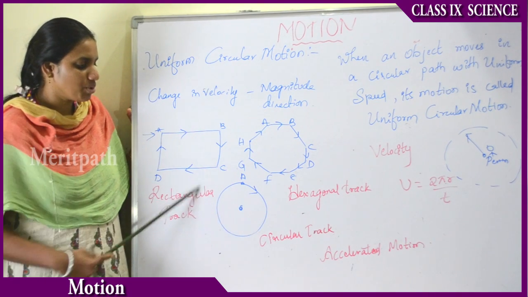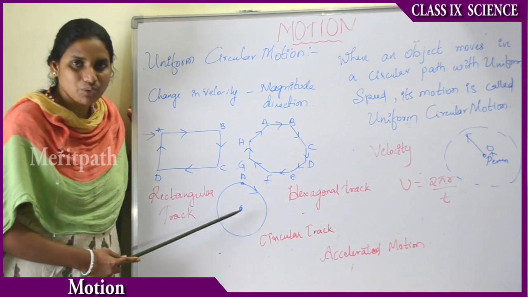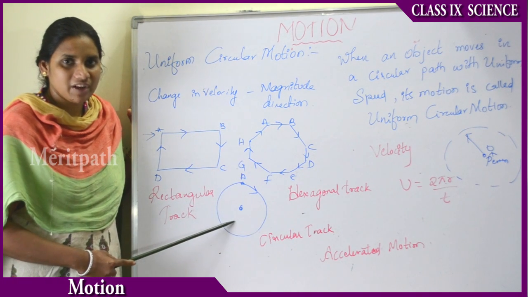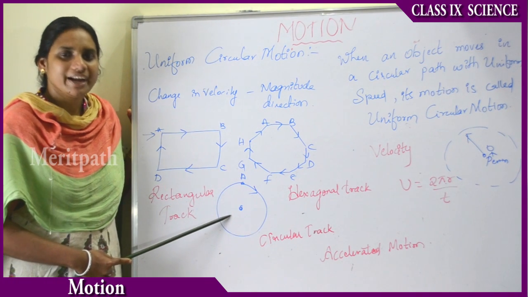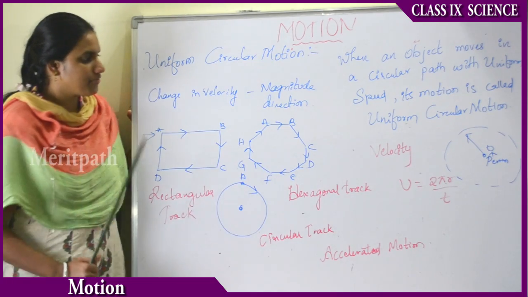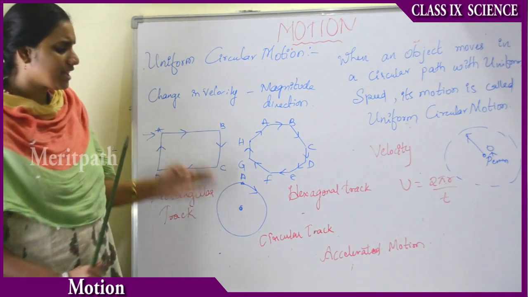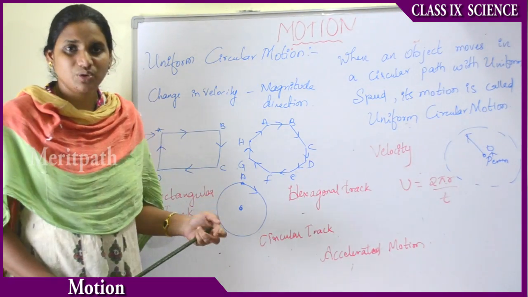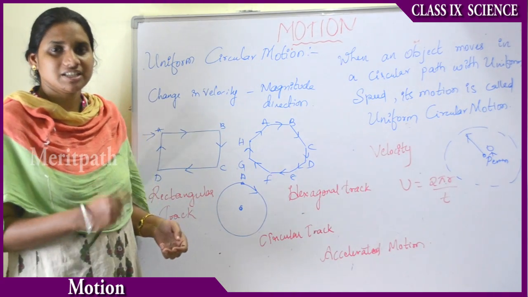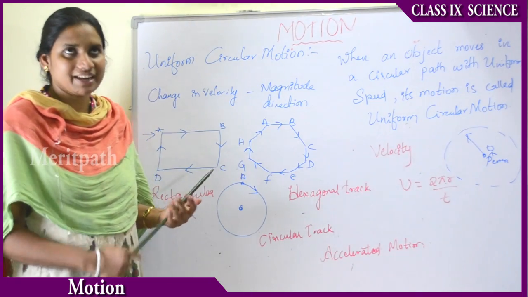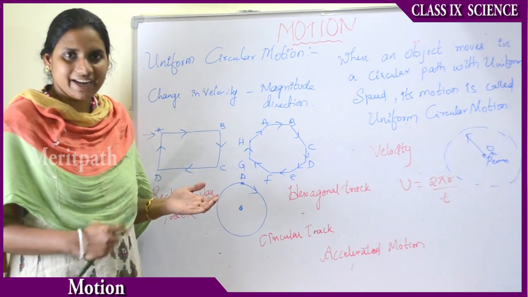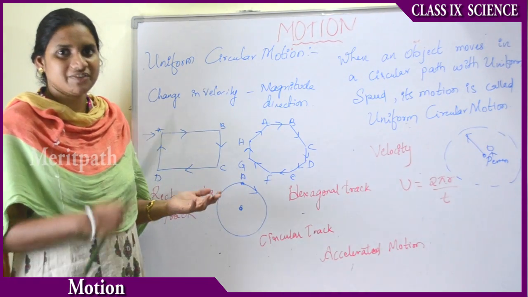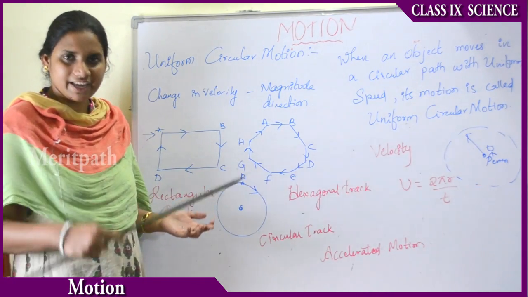Therefore, this type of motion is known as accelerating motion, where there is change in velocity with respect to direction only. I can give a best example for accelerated motion, that is the fan, which is rotating in a circular motion, right? The wings of the fan will be rotating, and also the washing machine, which is rotating in a round circular direction.